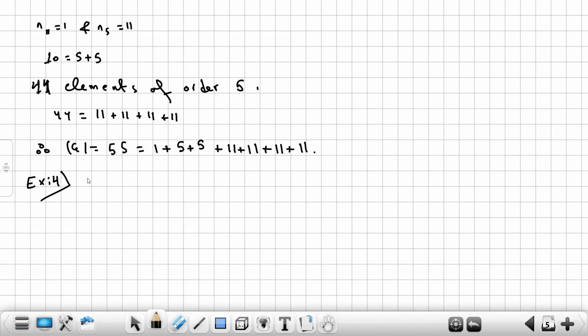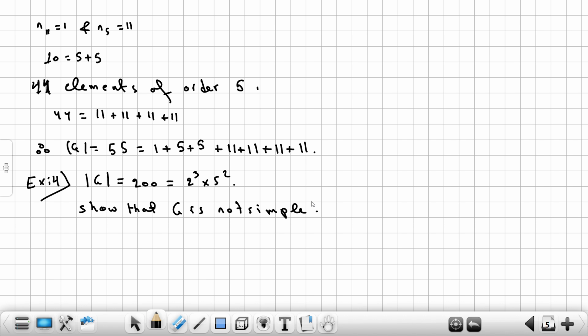Exercise 4. Consider a group G of finite order, which is 200. 200 can be written as 2 power 3 times 5 power 2. This is the prime factorization of 200. We want to show that G is not simple.